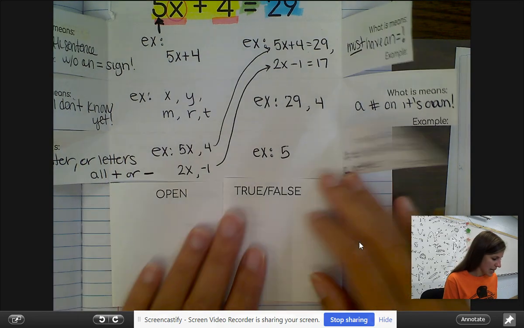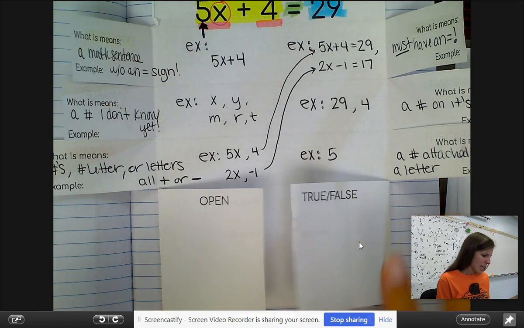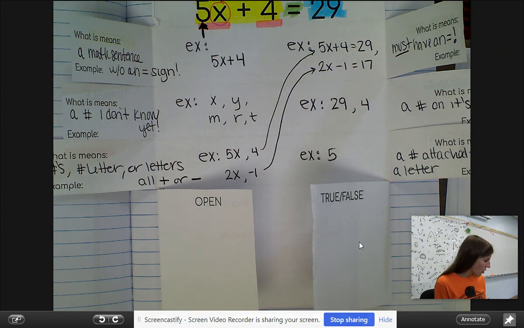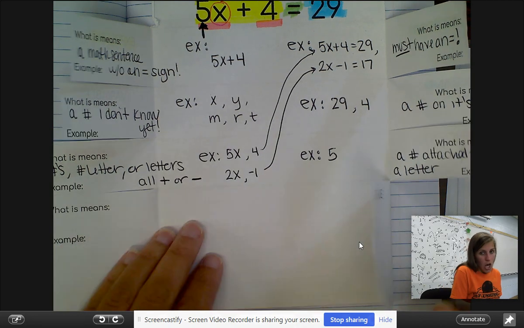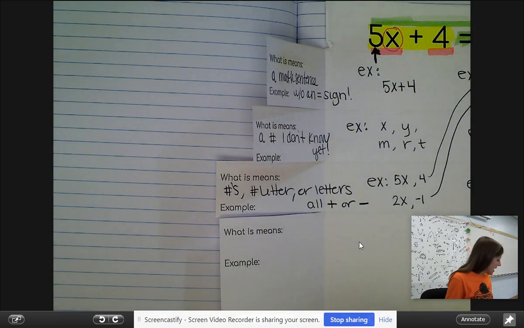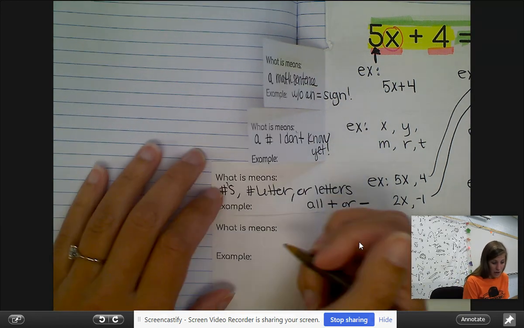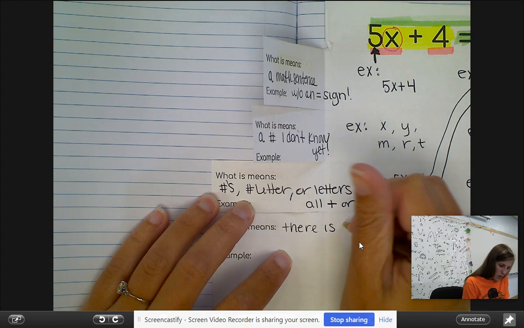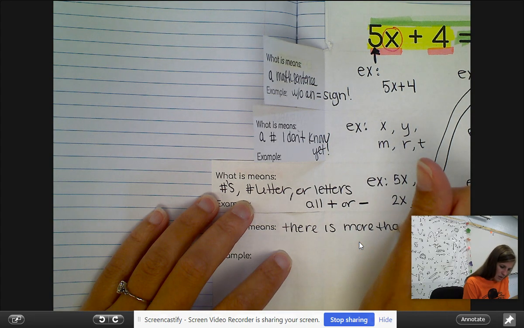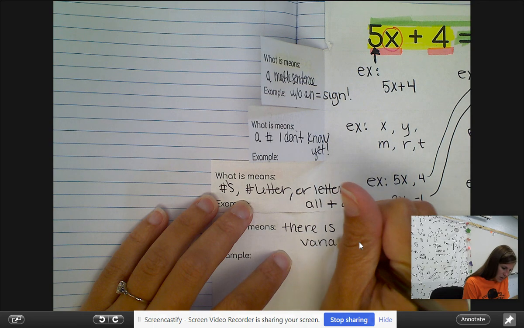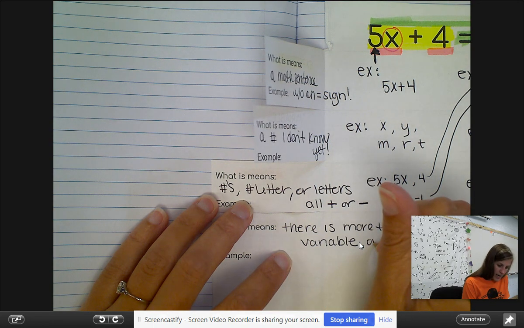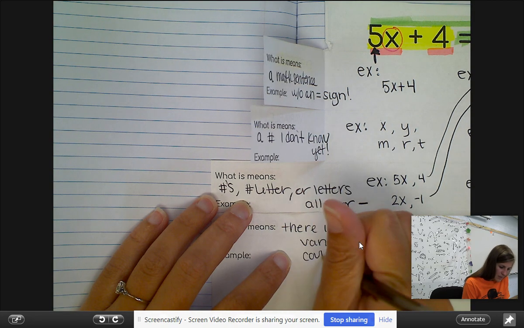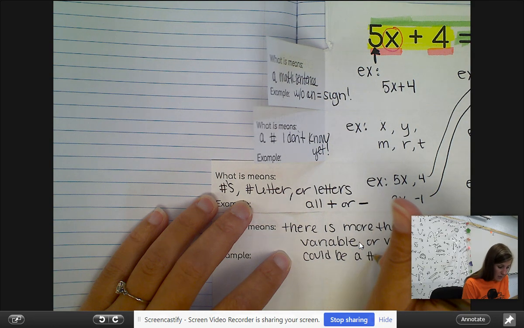Okay, last but not least, we got this open and true and false stuff. So this has less to do with the pieces of an equation and has to do with the equation as a whole. And what it means to be open is that you have a variable, or more than one variable, that could be a number of things.